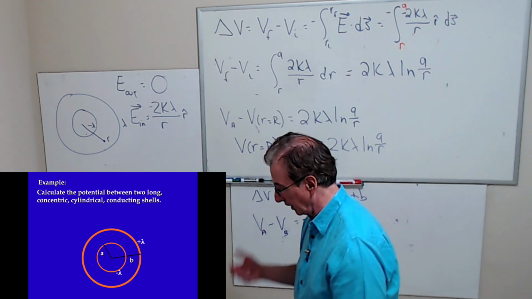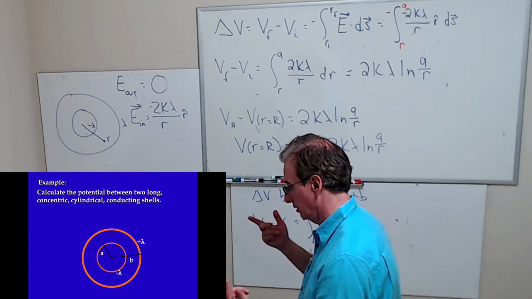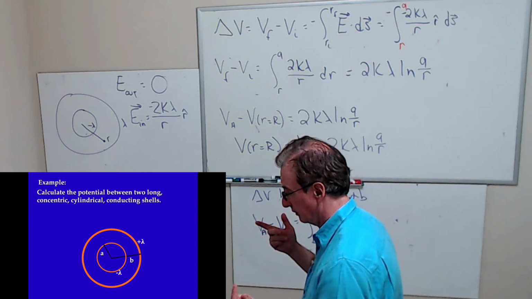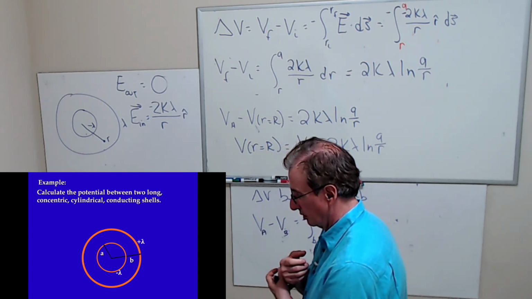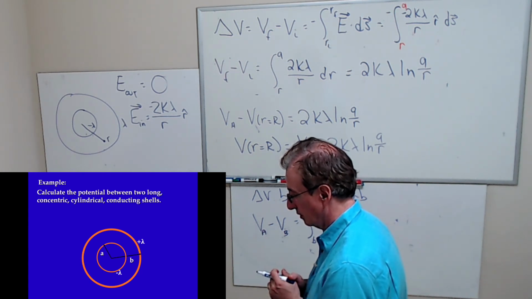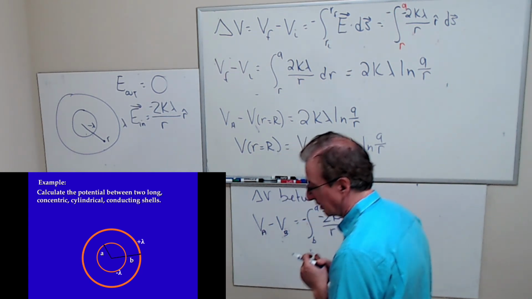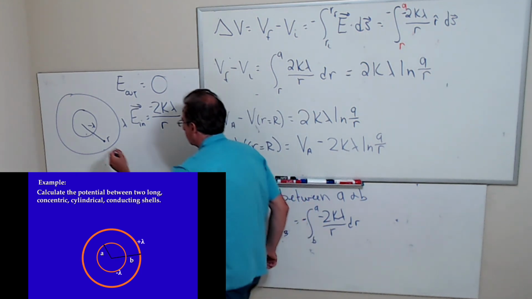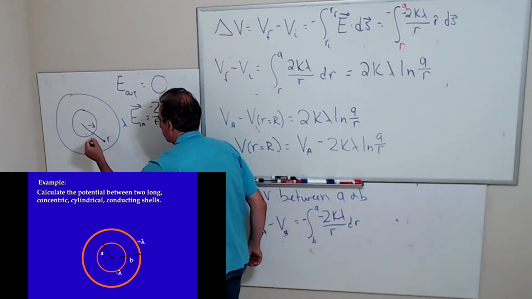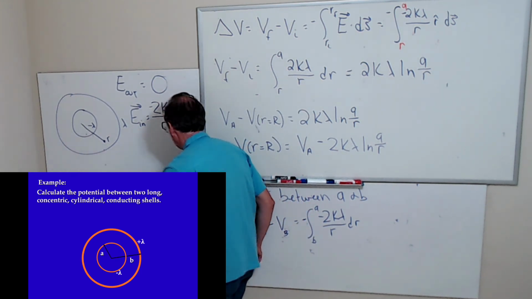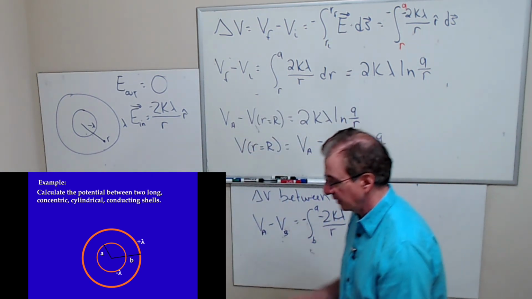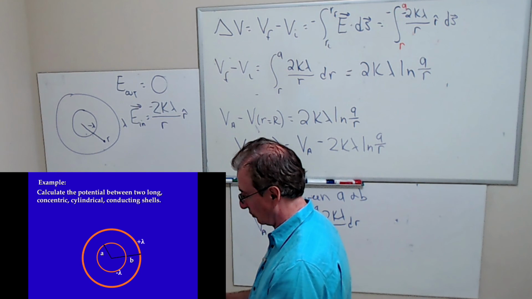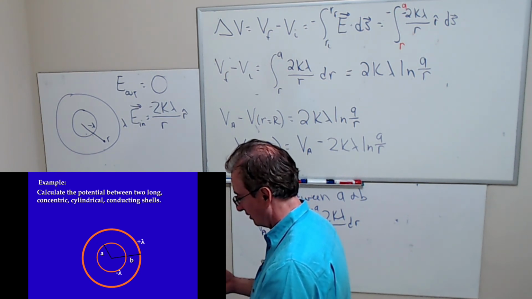I change the sign on both sides, right? I get the same result. I just want to make sure that's clear. Whether I go from here to here, or from here to here, that's going to flip both terms around. So I'm basically multiplying both sides of the equation by minus 1, and that cancels.